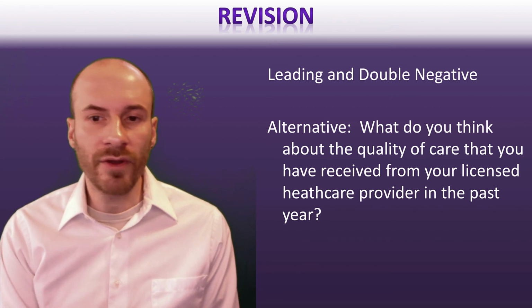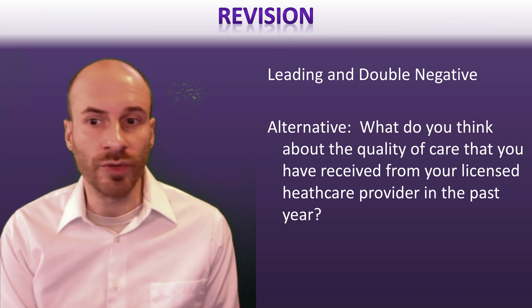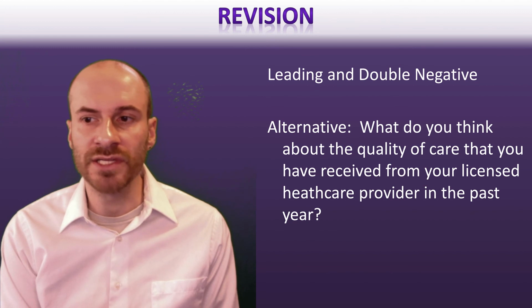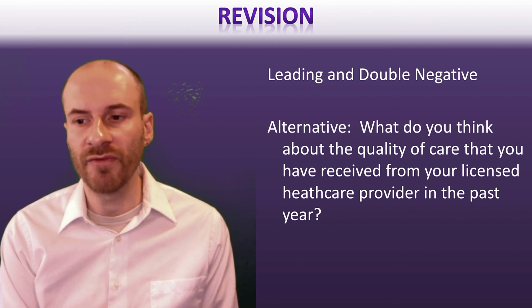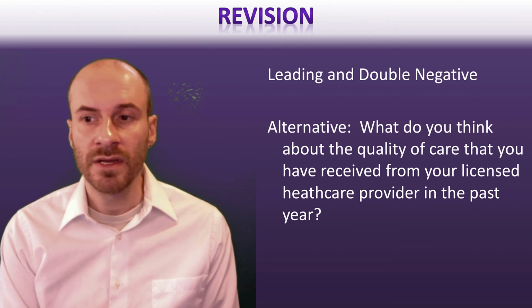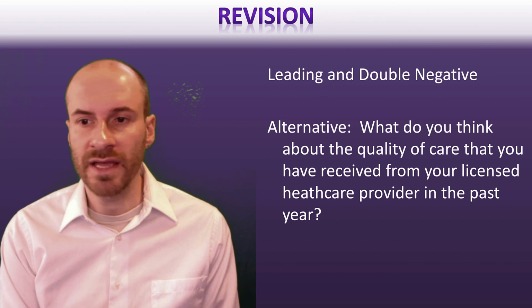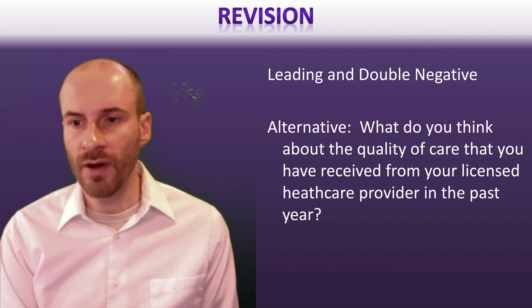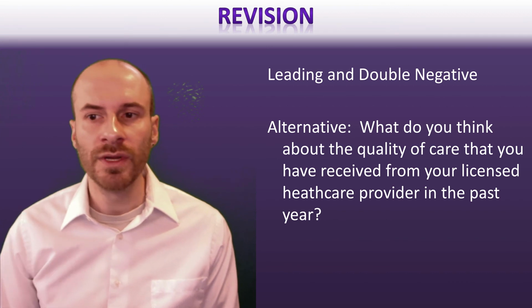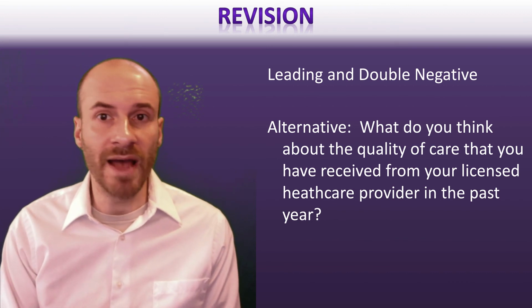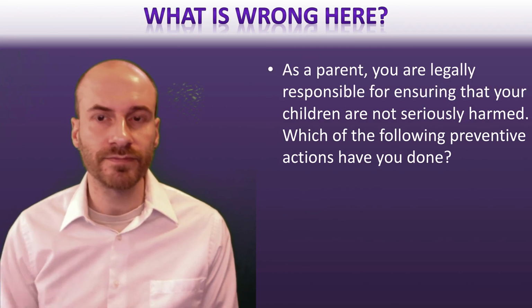So an alternate way of asking this question is, what do you think about the quality of care that you have received from your licensed healthcare provider in the past year, right? So it comes across as more neutral, and you're saying, from very poor up to excellent, for example. So less potential for bias in this question.